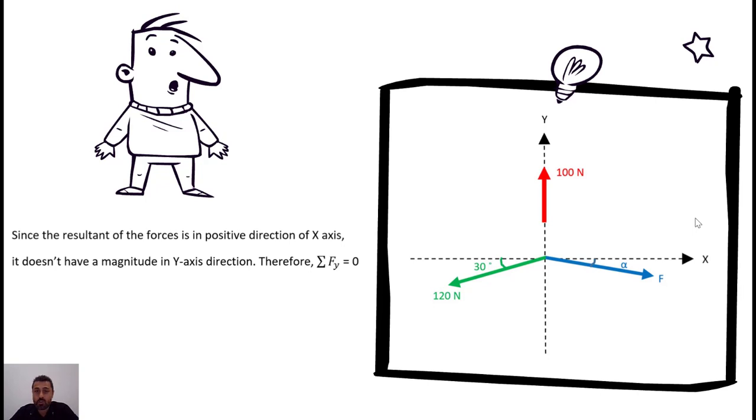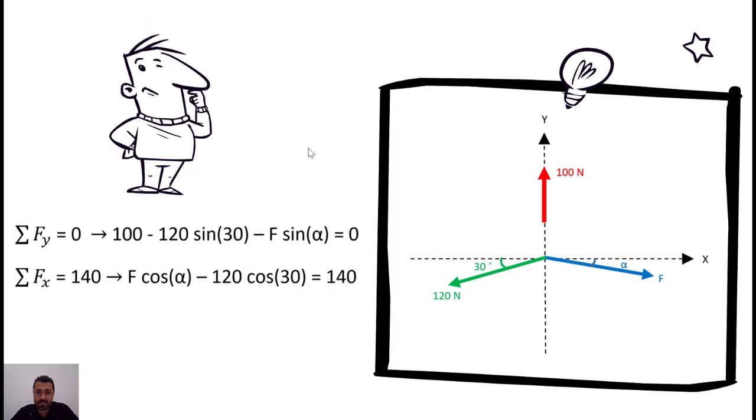The magnitude of the resultant force is given, 140 Newton, and the direction is in the positive direction of x. So sigma Fy is 0 and sigma Fx is 140 Newton. These are the assumptions in this question.